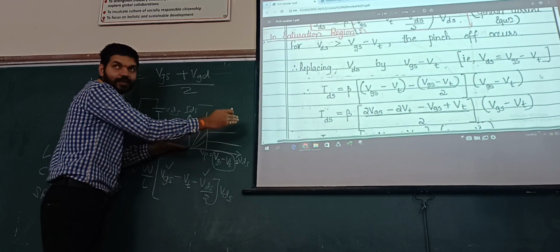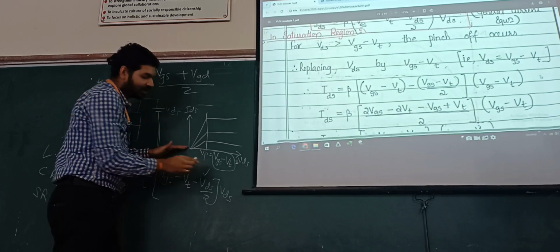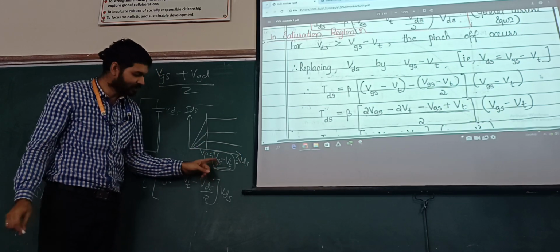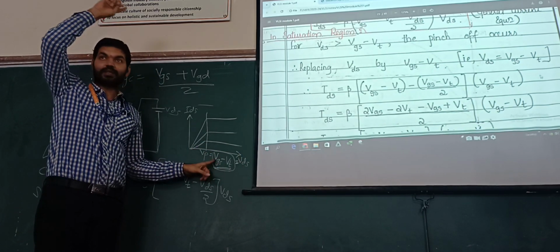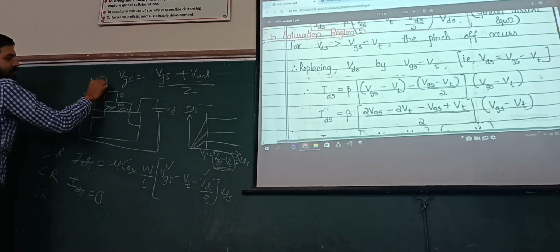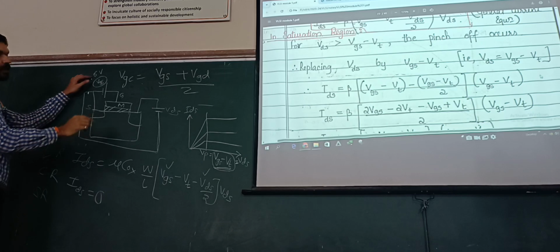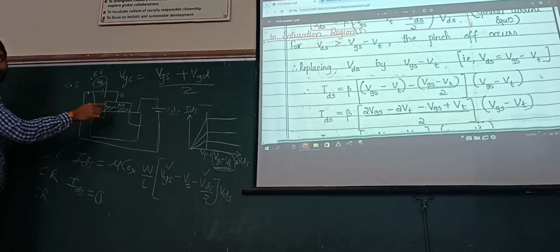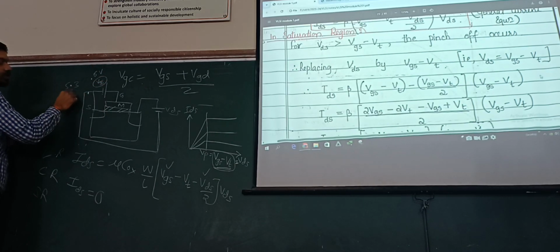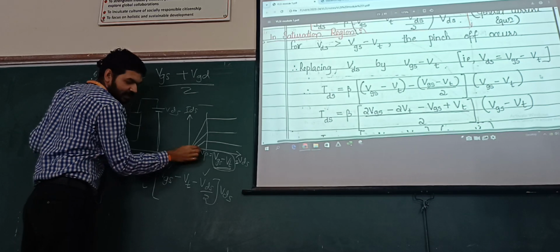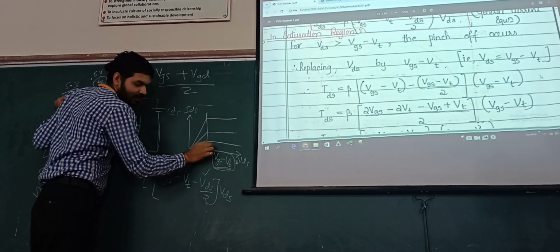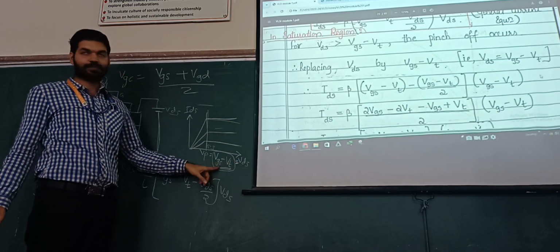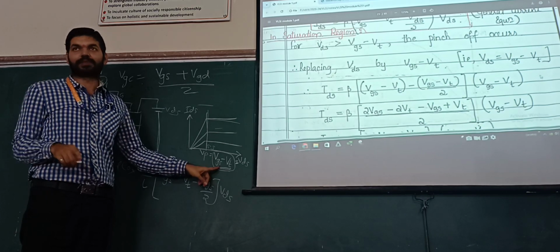At one point VDS becomes equal to VGS, which we have given above. Say we give 6 volts, 6 minus VT, that is 6 minus 0.7, 5.3 volts. As we increase VDS, where it reaches 5.3, saturation happens. So when VDS equals VGS minus VT, at that point saturation happens.